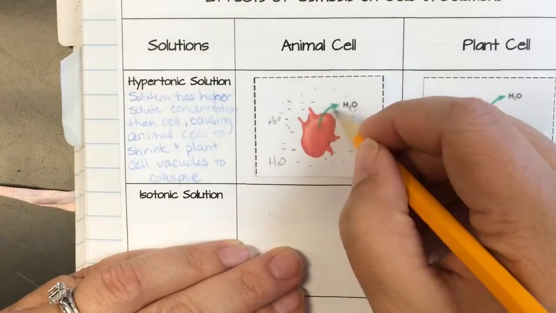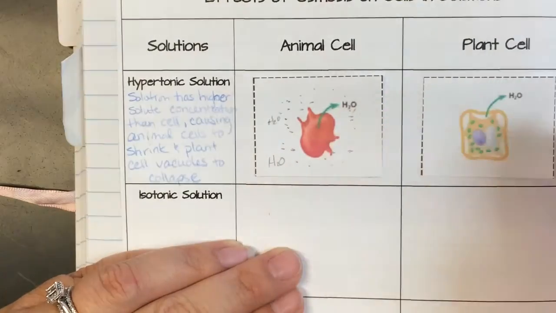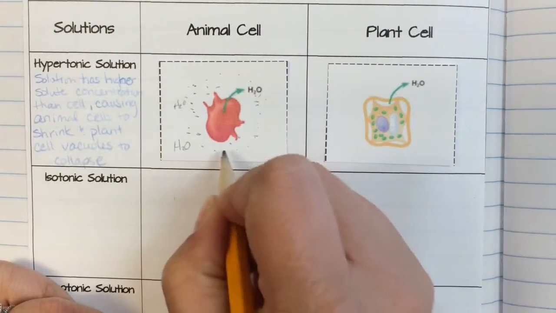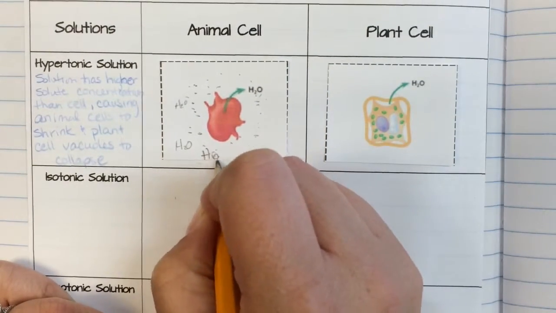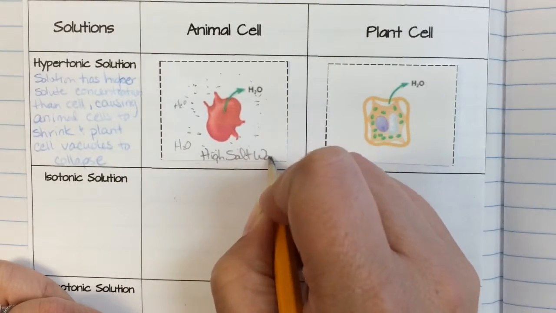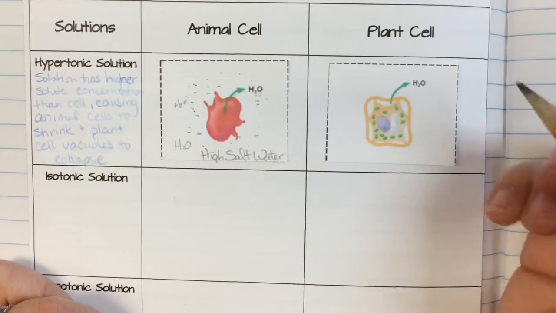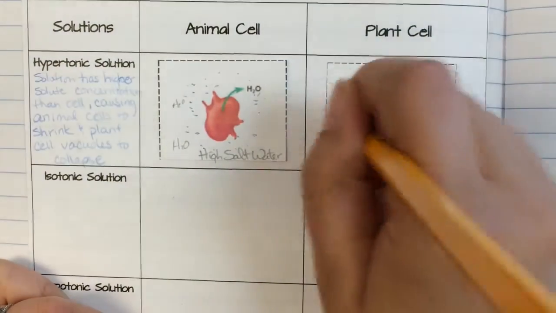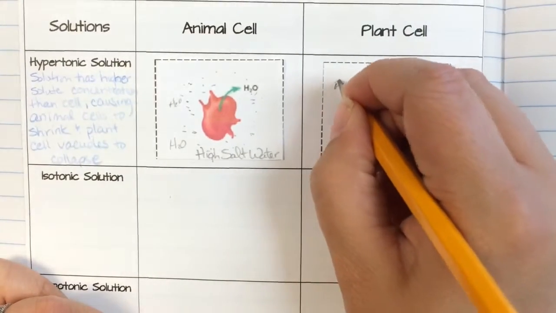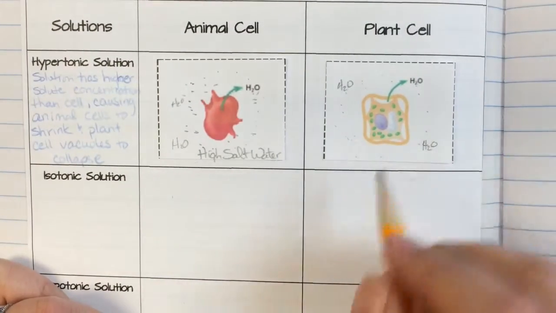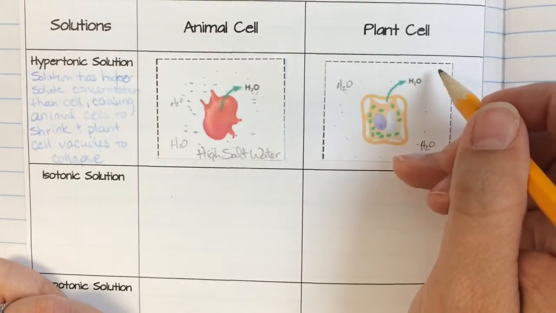So that water really wants to move out to help balance the amount of water. So I would put a little note on here, high salt water, because there's lots of salt molecules on the outside. Same thing here, you'd have lots and lots of salt molecules, but very little water. And so we would see that water moving out of the cell.